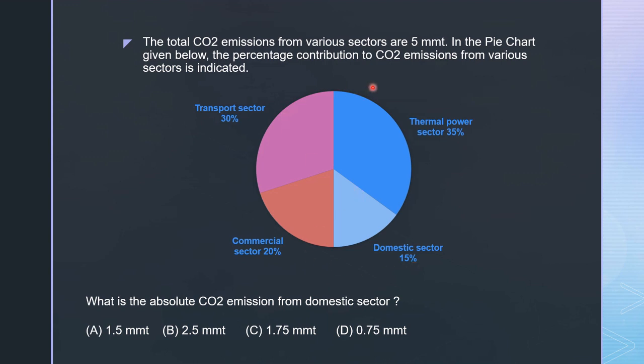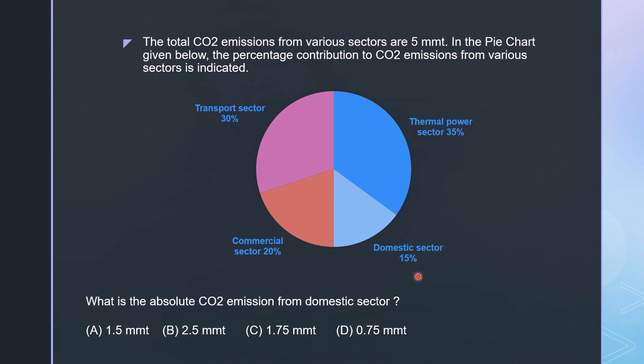And the total CO2 emission from the various sectors is 5 MMT, right? This is given in the question. So what are the options? Option A is 1.5 MMT, option B 2.5 MMT, option C 1.75 MMT, option D is 0.75 MMT.